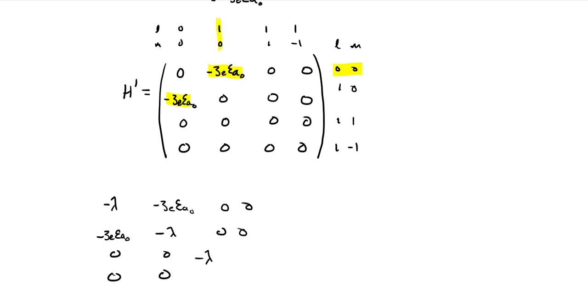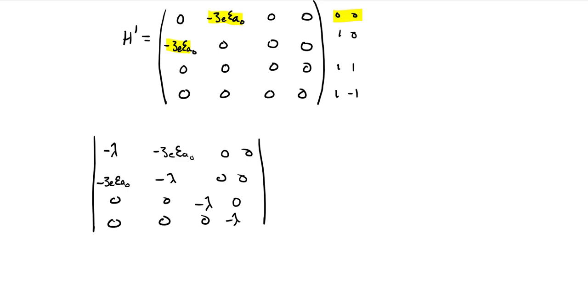This is one of the benefits of writing the Hamiltonian in the basis where we switched the order of our basis states: this determinant is a lot clearer on how to calculate. That determinant gives us lambda squared times lambda squared minus 9 e squared a naught squared, and this has to be equal to 0.